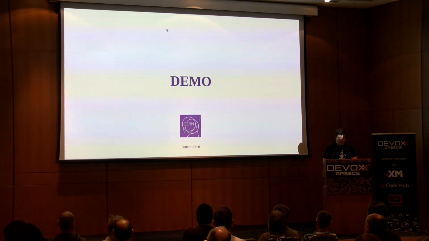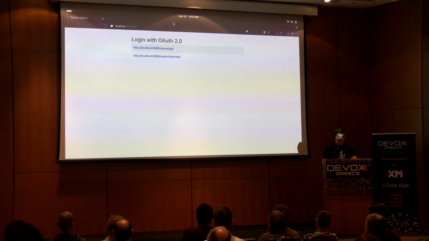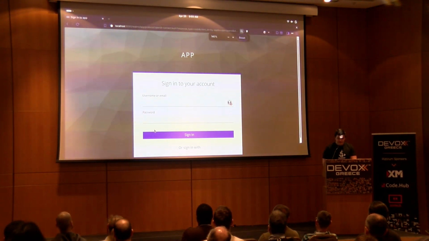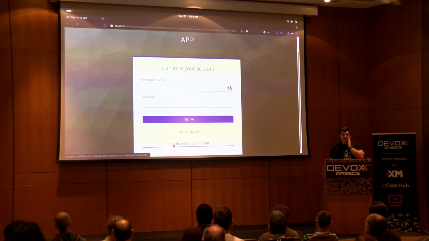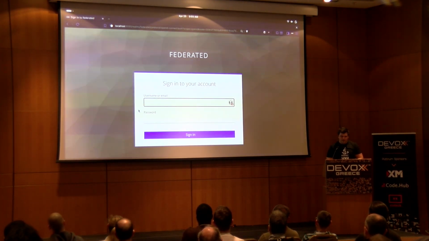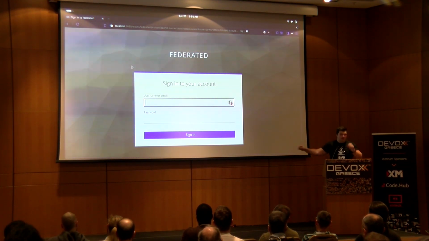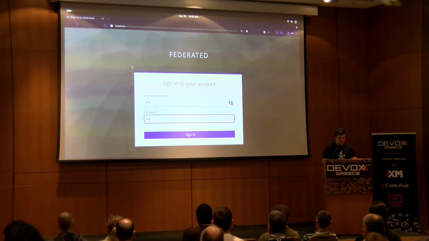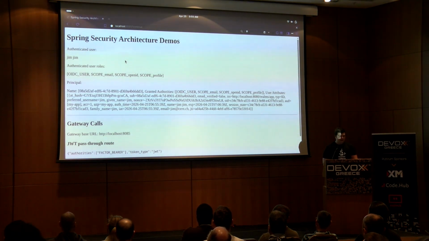However, if I log in to the app, but then I use the second approach, the one with federation, like I told you, my identity provider takes care of the work, and I click log into federation realm here. It says here federated, right? So now I'm in Jim's world. If I log in as Jim, then suddenly it says, okay, I'm Jim, fine, and this is my stuff and so on.